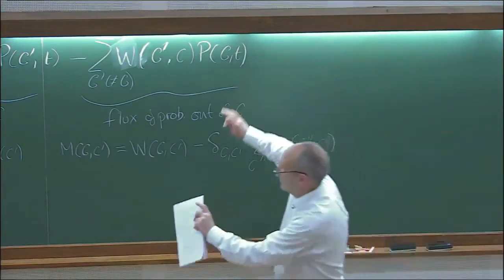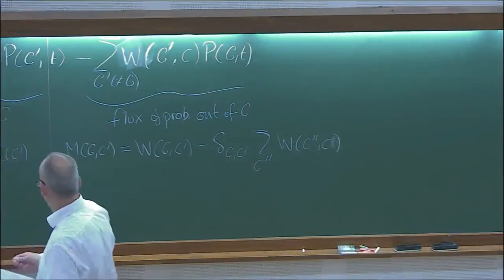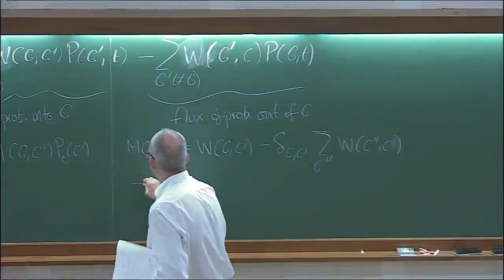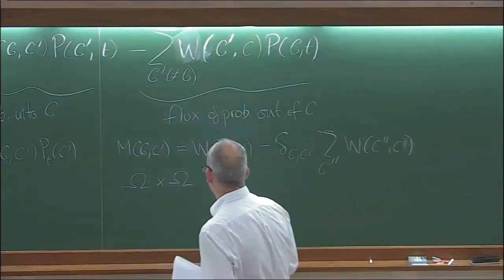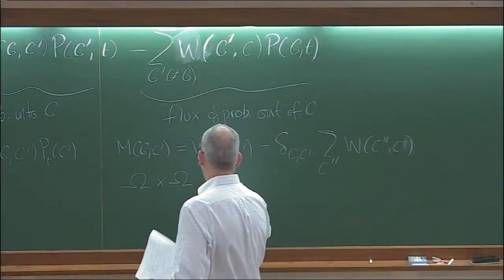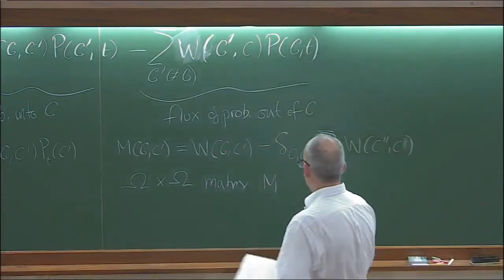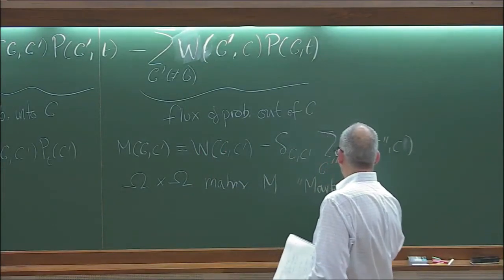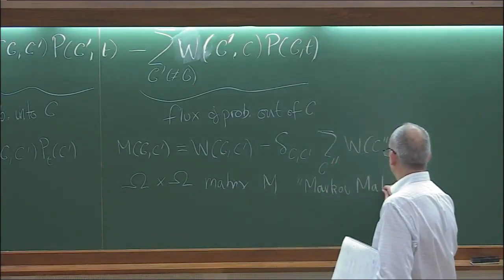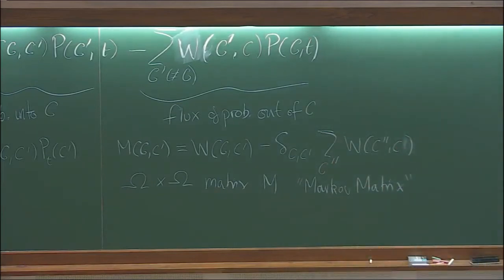So then I put this just in one simple matrix equation. So this is an omega by omega matrix. It is called the Markov matrix. And sometimes it's referred to, in some texts, as the intensity matrix.